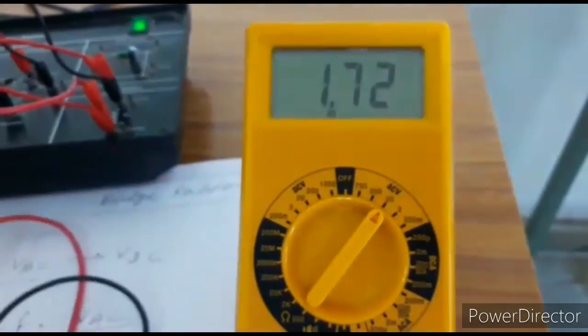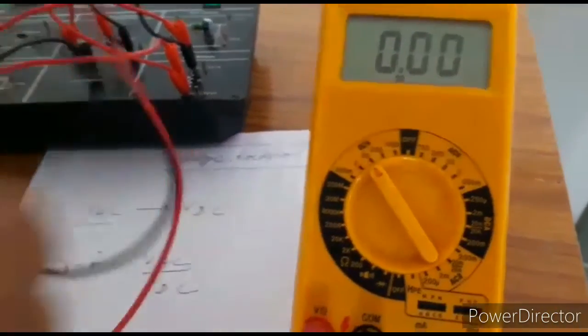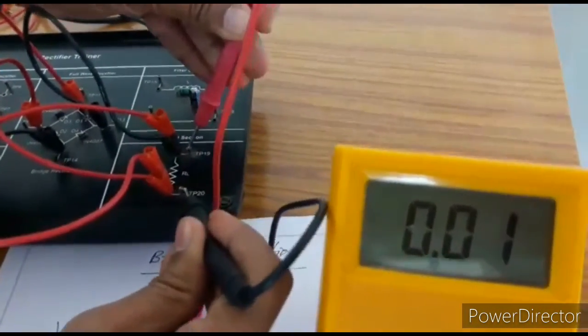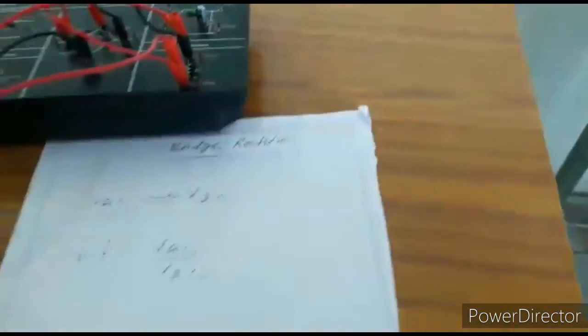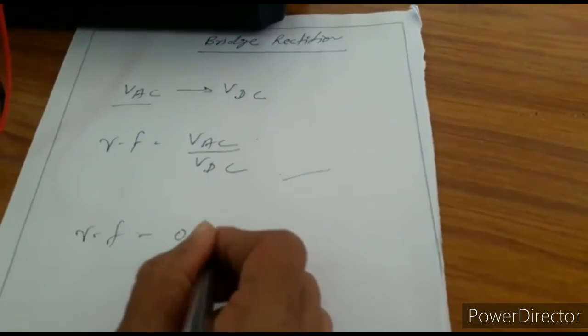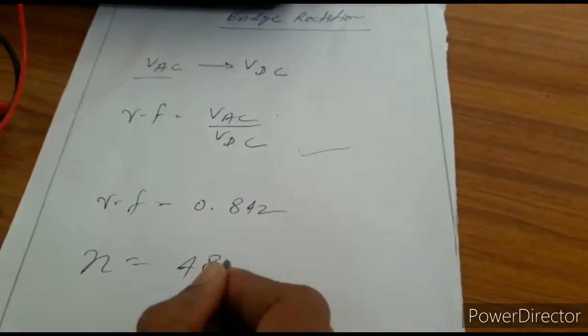Similarly, if we want to measure the DC voltage, then we have to keep its knob in the DC range, then it will show the DC voltage. This is our DC voltage, and now with these voltages we can easily calculate its ripple factor. It is almost 0.842, and its efficiency is almost 48%.